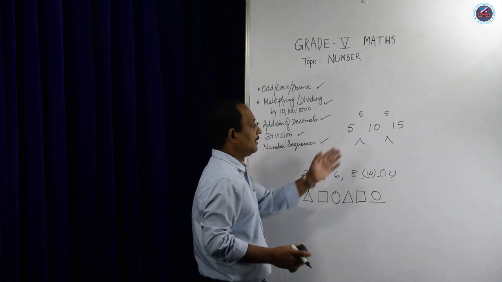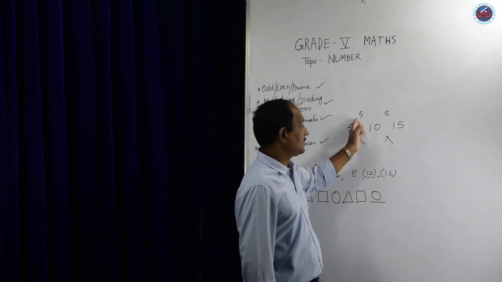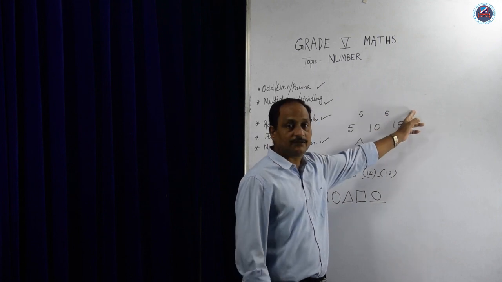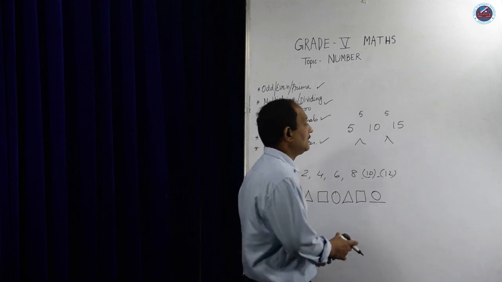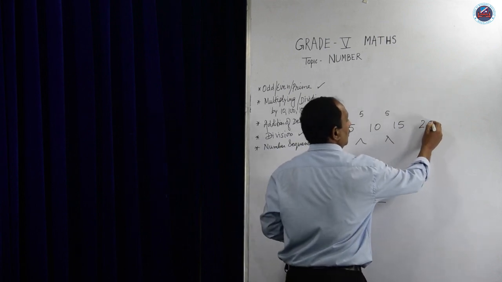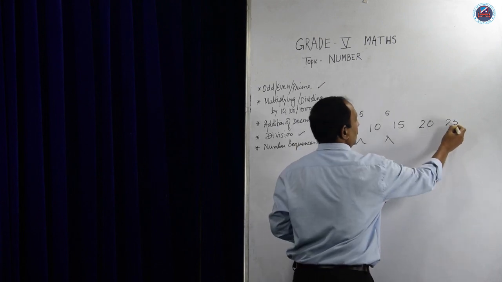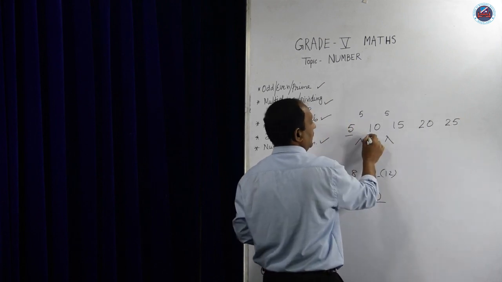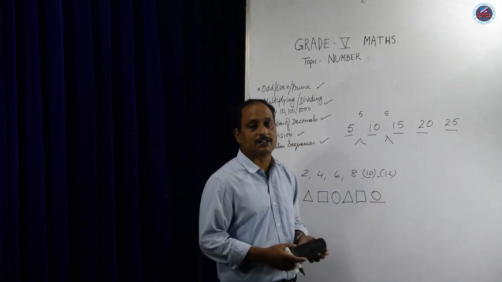That means the difference is 5. Automatically here also a difference of 5 will be there. If I add 5 to 15, the next number will come out. Again, if I add 20 plus 5, my next number will come out. So it will be 5, 10, 15, 20, 25. In this way, the sequence is done.